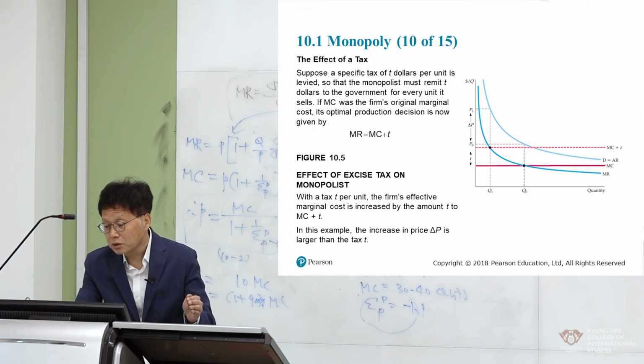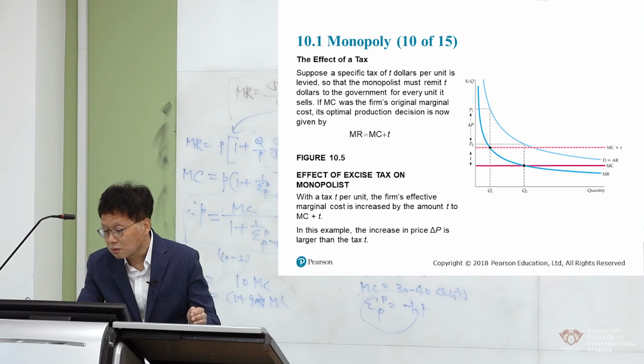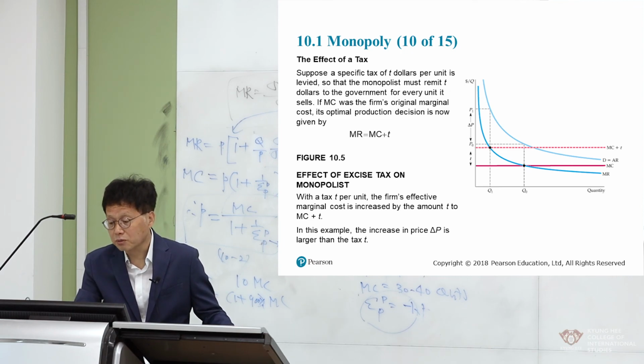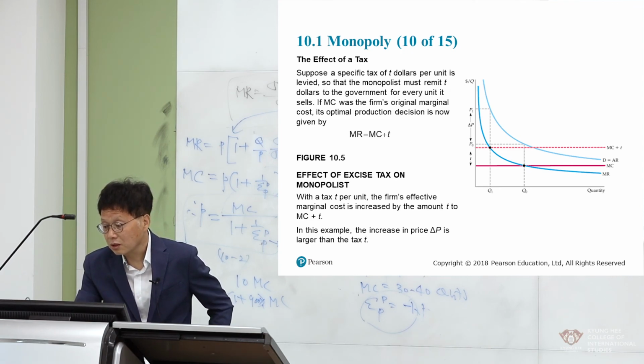Now, with the imposition of the output tax, the marginal cost curve plus tax is here. Originally, marginal revenue is equal to marginal cost, so the firm's optimal production is Q0. But what happened after the output tax? The new marginal cost is equal to marginal revenue, so production decreased greatly.